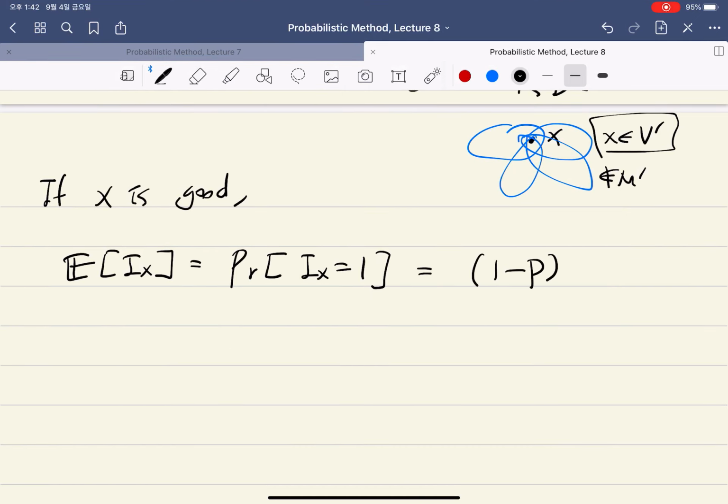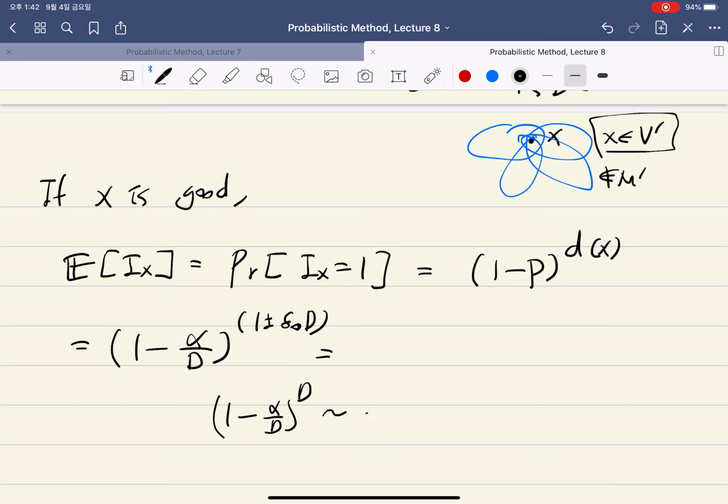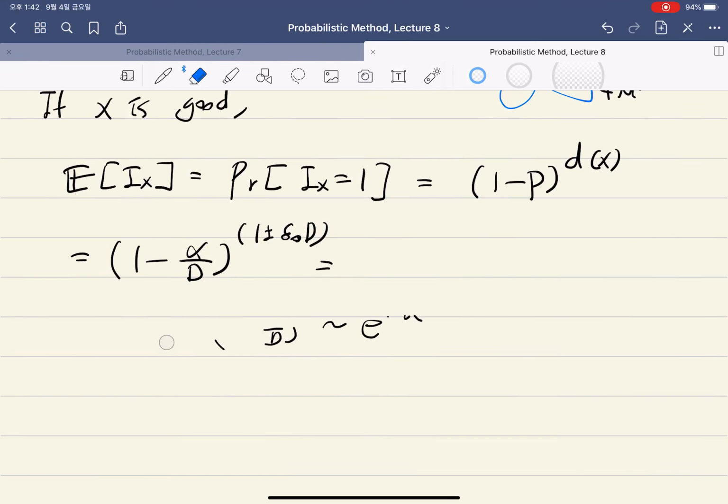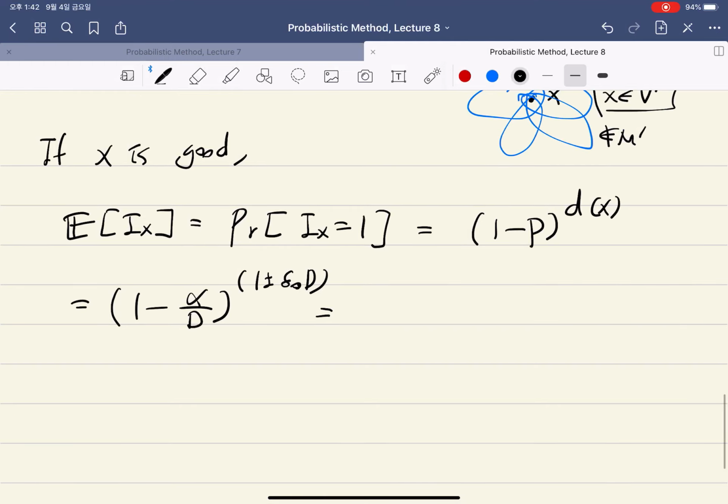Those events are independent, so this is nothing but the probability that all the degree-of-x many edges are not chosen, and for the good vertices, we know the degree. So we know 1 minus alpha over d to the d is roughly e to the minus alpha. By using that, you can make sure that this is e to the negative alpha times 1 plus or minus delta sub 0.1.